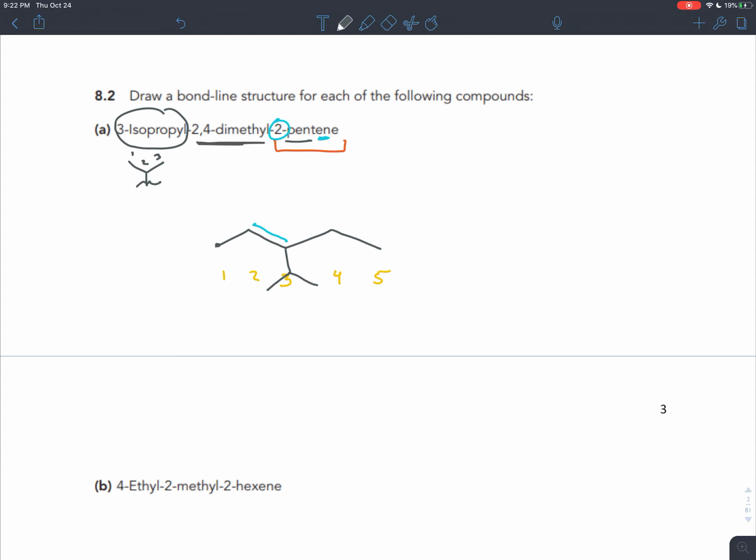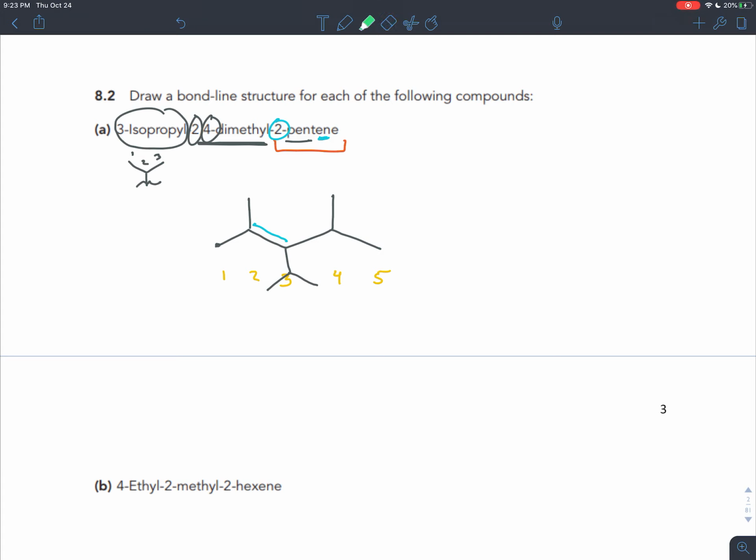Next we have 2 branches. Each of them are going to be methyl groups. Meth is the prefix for 1 carbon. So each of these branches is going to have 1 carbon. One of them is going to come off of carbon number 2. The other methyl group is going to come off of carbon number 4. And so this is our molecule.